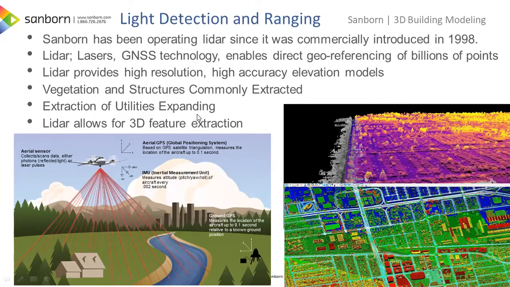Classifying vegetation and structures as structures is very common right now when you collect your LiDAR and you're doing your point classification. But we've also been expanding into extracting utility features, especially for utility companies and whatnot. And everything can be extracted in 3D.